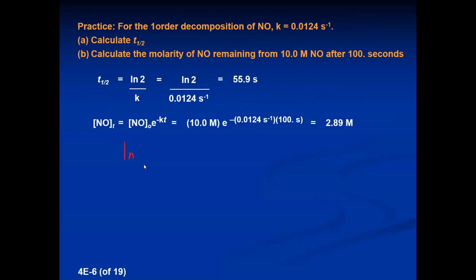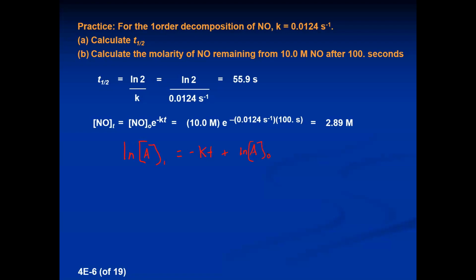Every time I try to write, it keeps disappearing. ln of A equals negative KT plus ln of A0. Let me try this again without it disappearing, exactly like it is there.